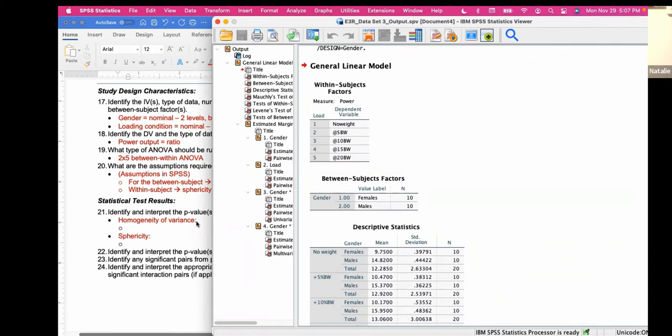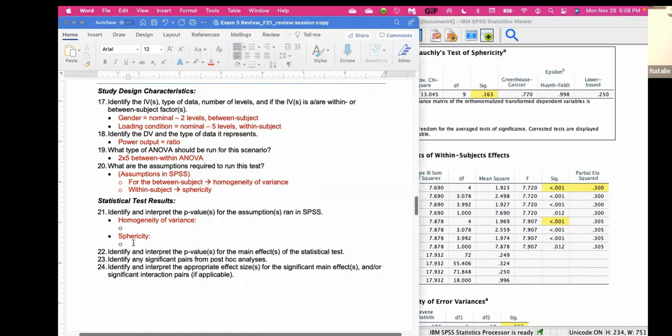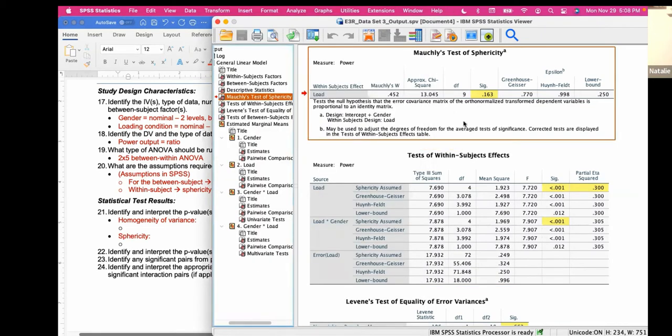The first thing I'm going to look at, I'm going to go in order of the actual output, but we have Mauchly's test of sphericity. That's kind of the first thing that pops up here. And we have a p-value of 0.163 for our load condition.